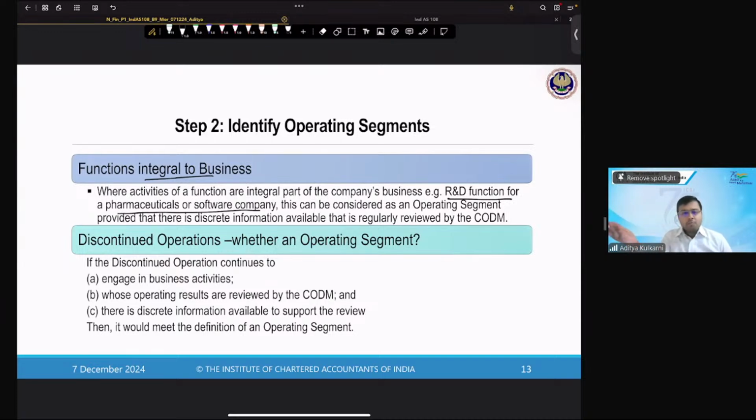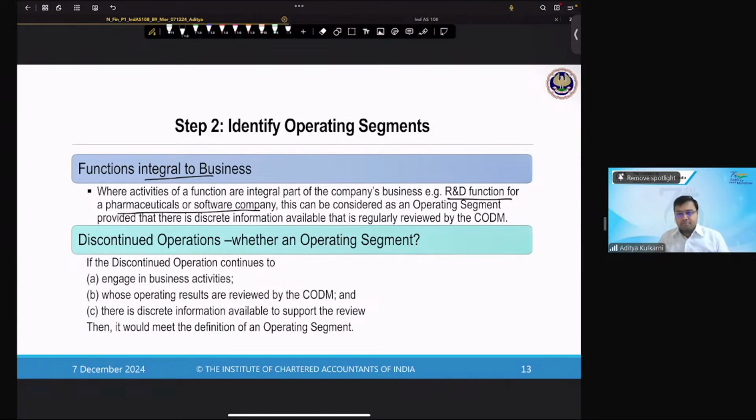Now, when we have such segments, it becomes critical for me to identify that R&D center. Does it generate revenue?